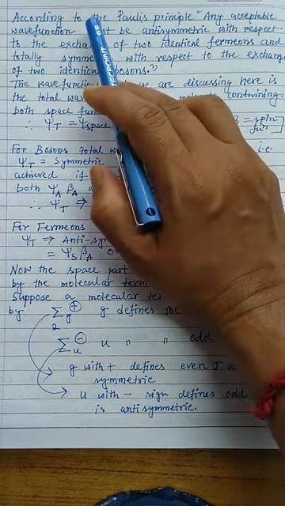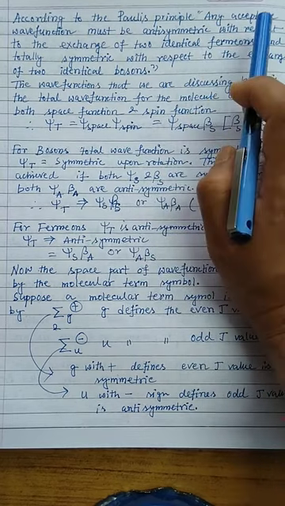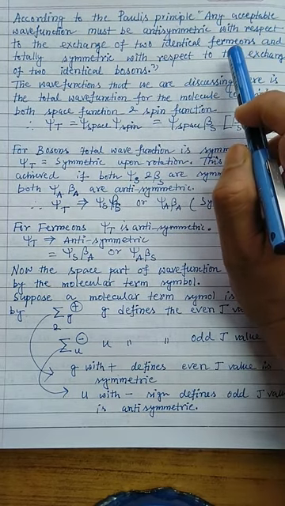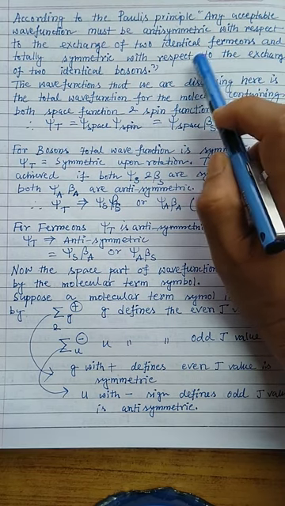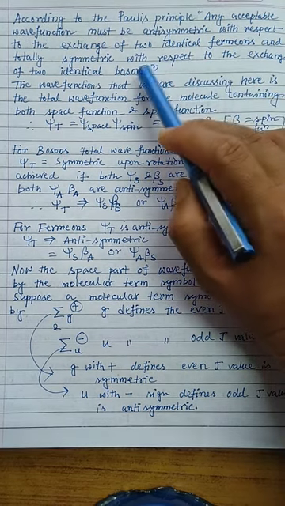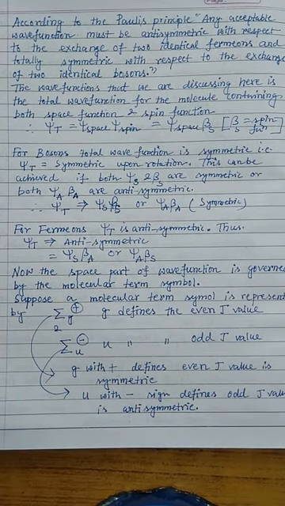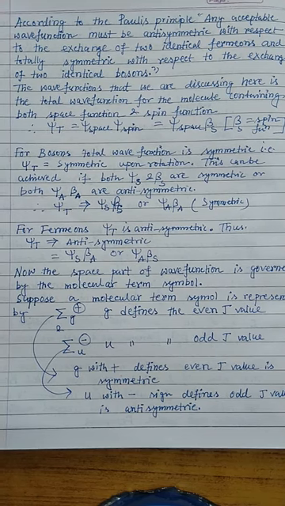Again, according to Pauli's principle, any acceptable wave function must be anti-symmetric with respect to the exchange of two identical fermions and totally symmetric with respect to the exchange of two identical bosons. That means if the molecule consists of boson particles, after rotation the wave function, psi total, should be symmetric.